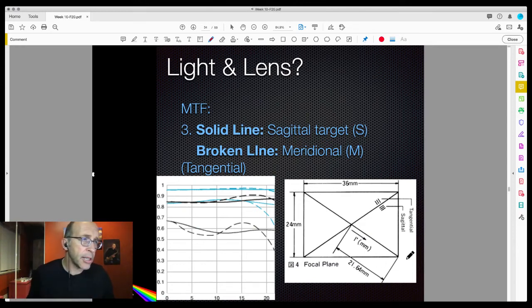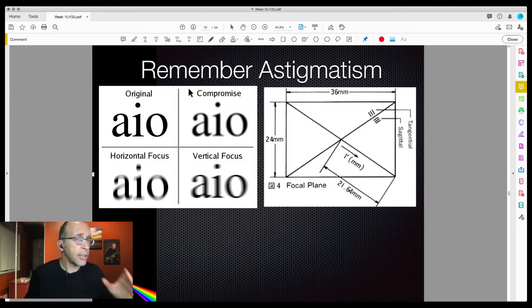They're called the tangential and sagittal lines, or sagittal or meridional lines. And again, that is just a throwback to what we talked about last week, where we talked about this astigmatism, and this diagram kind of illustrates it really well.